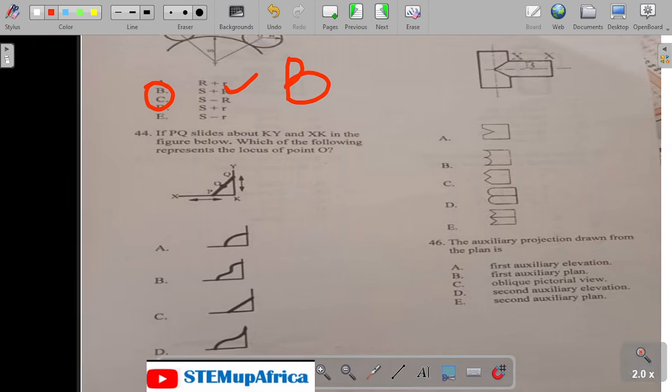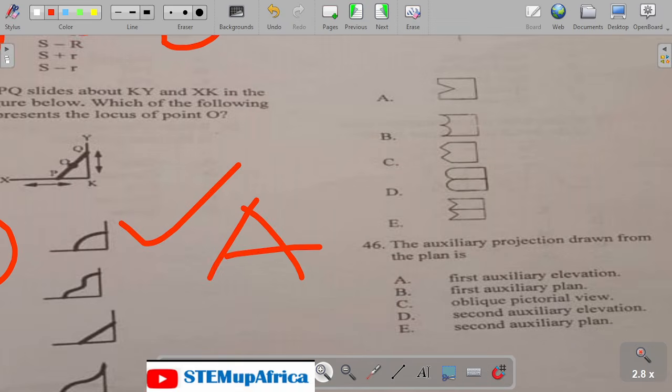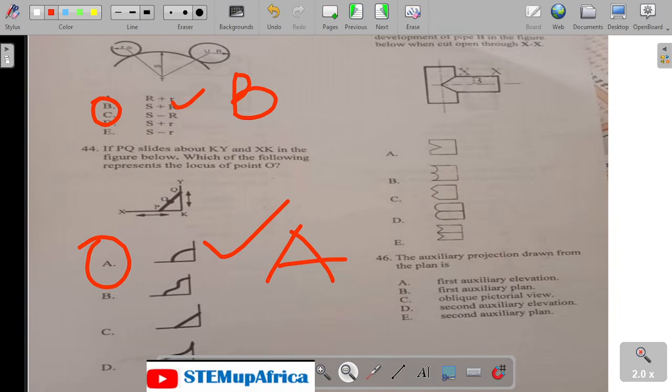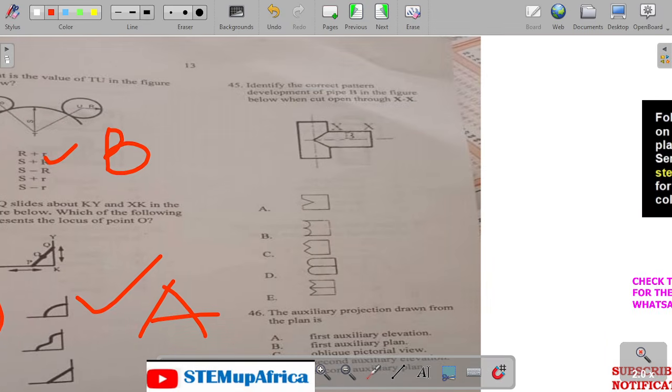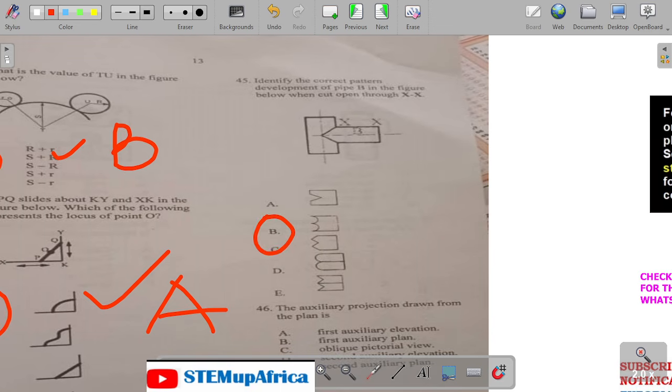It will form this pattern, or this locus A. Number 45. Identify the correct pattern development of pipe B. Pipe B is a cylinder. It's going to give us this curve. B.